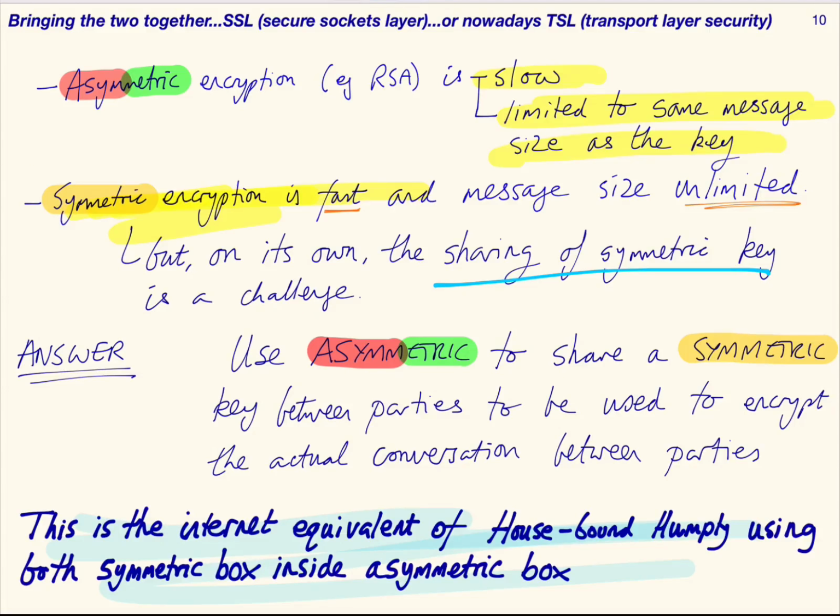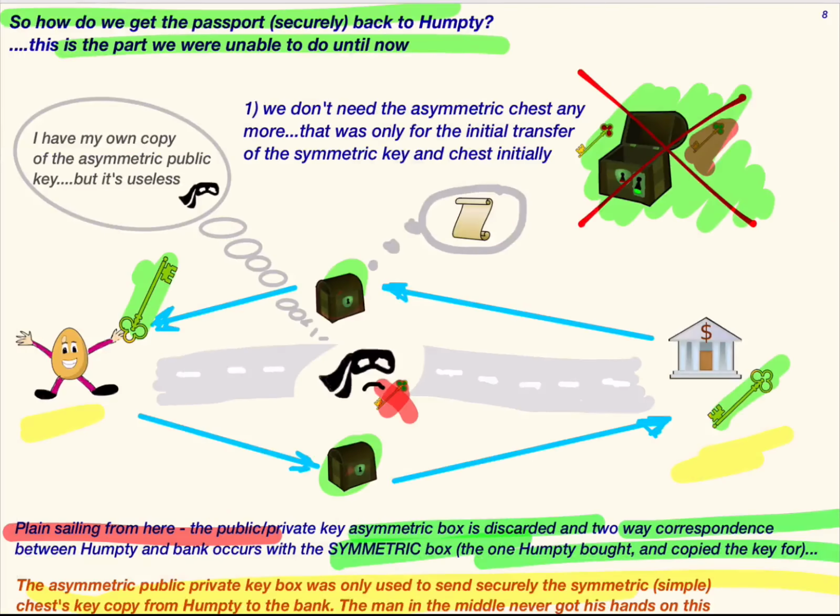So what's the answer? How do we get the best of both of these techniques? Well, we use asymmetric encryption to share a symmetric key between the parties, and that symmetric key is going to be used to encrypt the actual conversation going back and forth. It's exactly the same as the analogy back here with the bank.